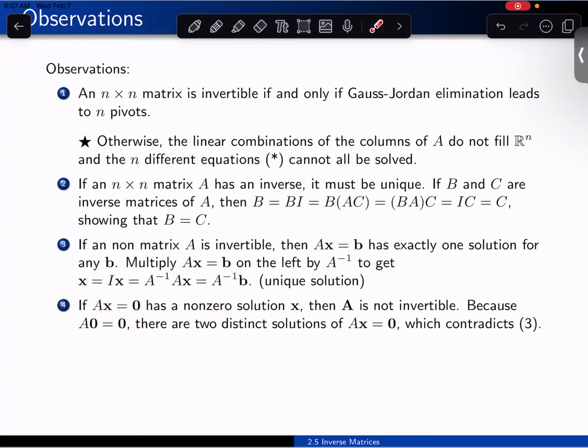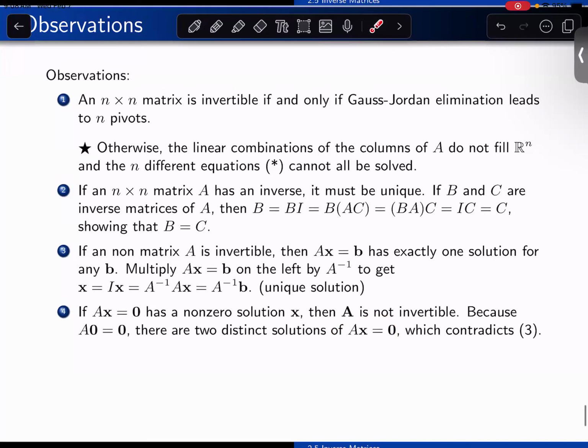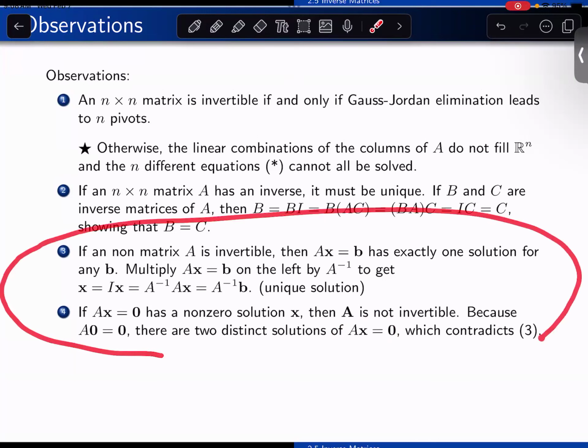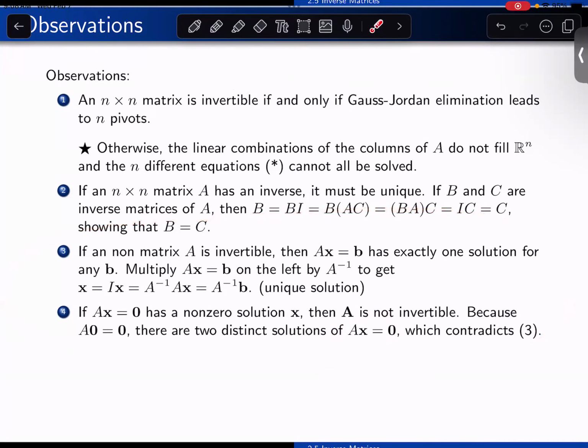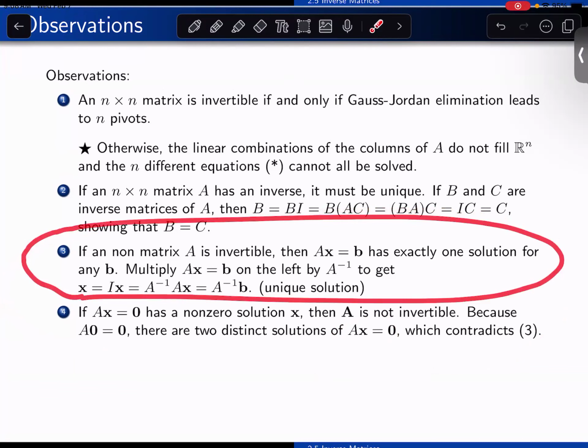So we have two different solutions: AX is equal to 0 and A times 0 is equal to 0. And so this would imply that there are two distinct solutions of AX being equal to 0, which would then contradict the third statement here. Because if A were invertible, this would imply that AX equals 0 would just have a single unique solution. So these two results are related to one another. You use 3 to end up proving 4.